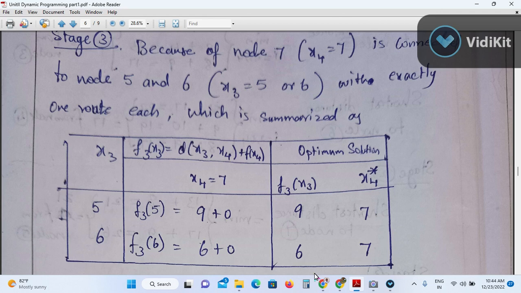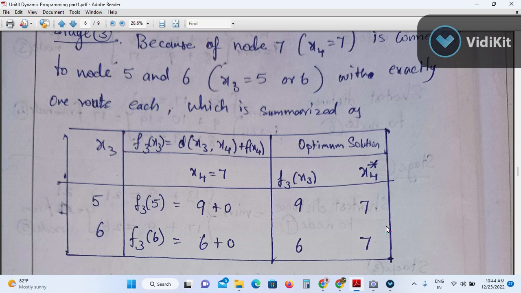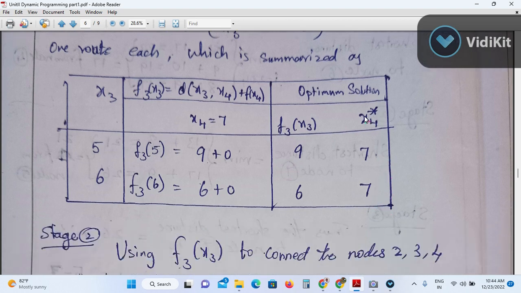If you think about it, the only possible one is 7, the previous node. Among the previous nodes, which is giving the optimal? Only one node, therefore naturally this is 7 only. So x4 asterisk is 7. If there were two, then we could make an option. Here only one node is there, therefore there is no option. Therefore we simply put the previous node, that is the optimal node, as 7.